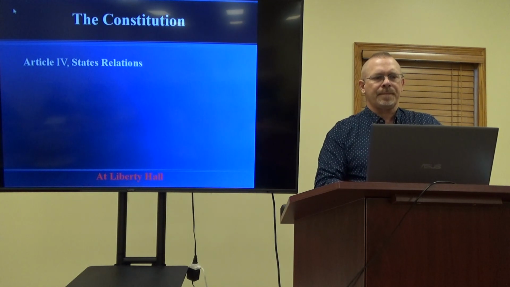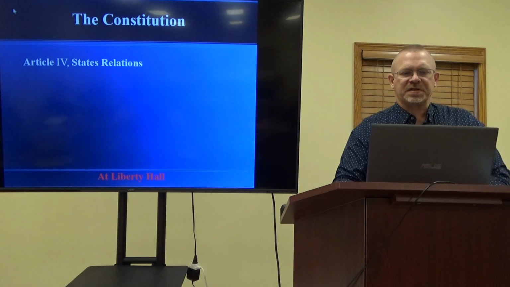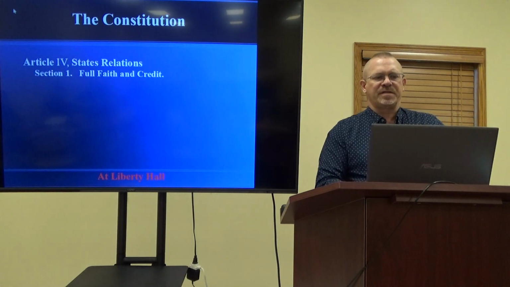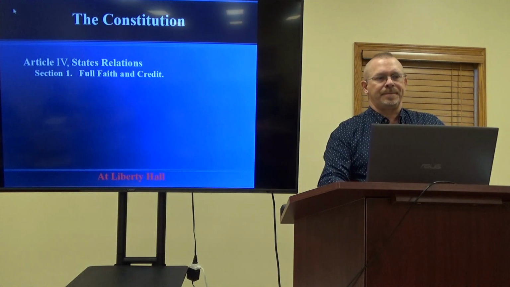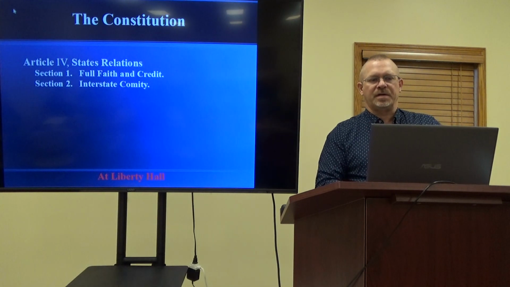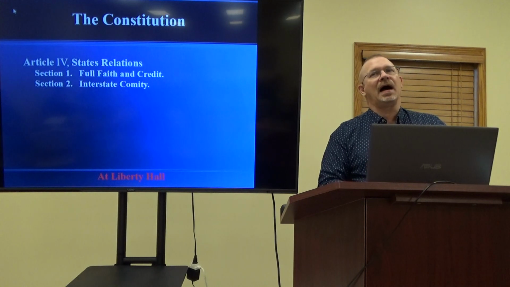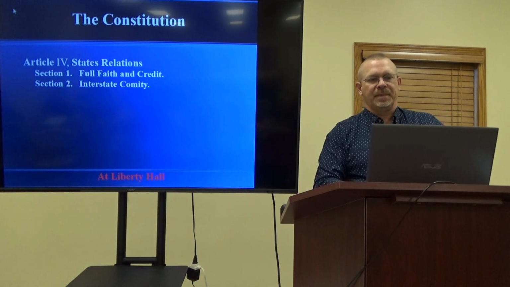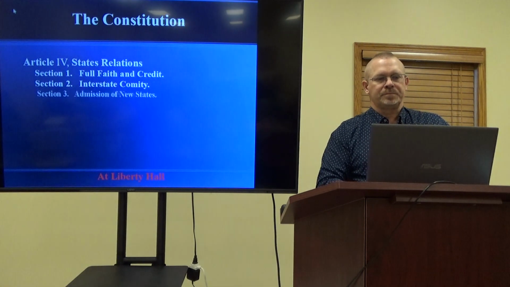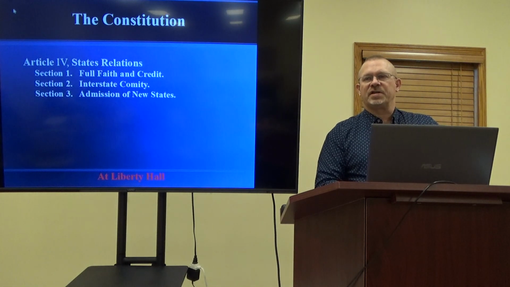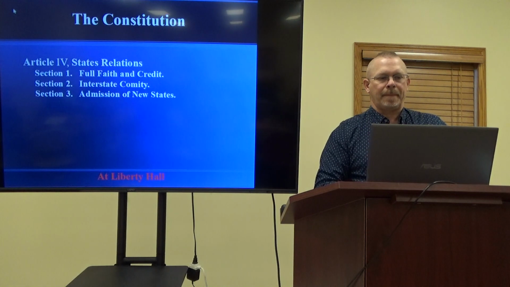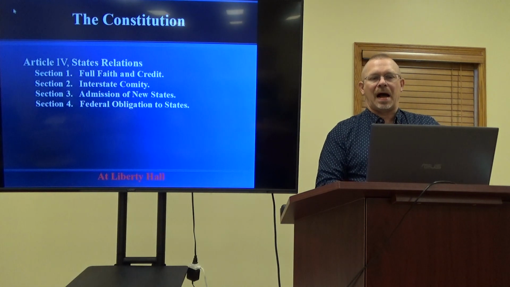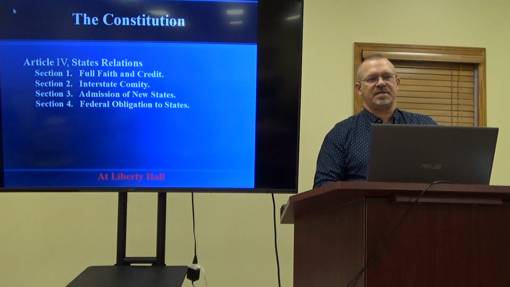Article 4, states' relations. Section 1 is the full faith and credit section. Section 2, interstate comity. Not ha-ha, but comity. Section 3, admission of new states. How do new states come into the Union? Section 4, federal obligations to states.